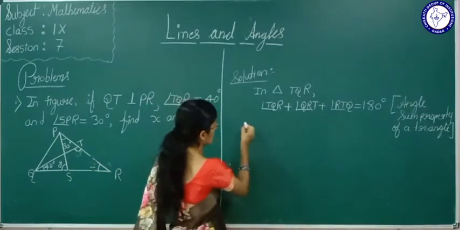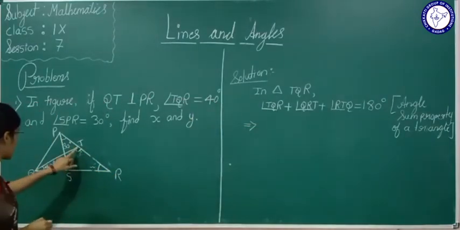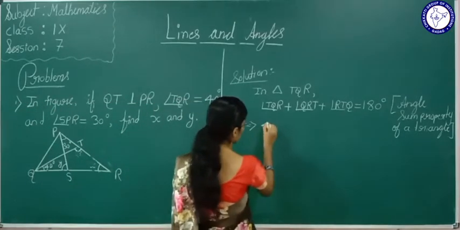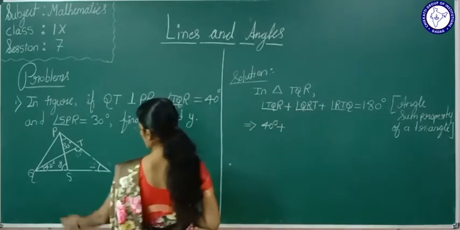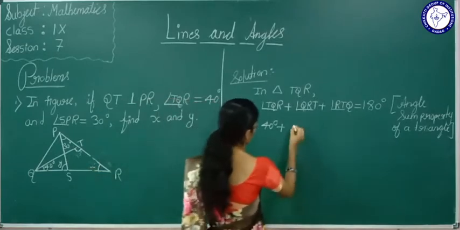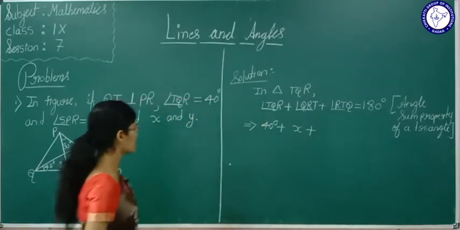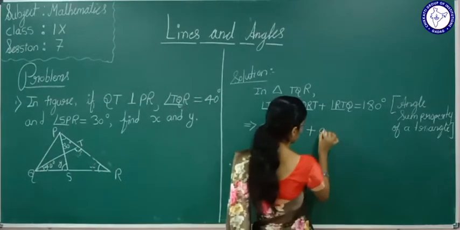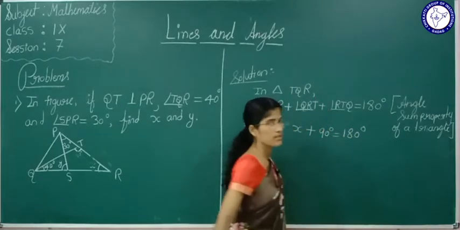Now we'll put the values here. What is angle TQR? TQR is 40 degrees. Plus, what is angle QRT? We want to find the value of x here. What is angle RTQ? RTQ is 90 degrees, equal to 180 degrees.